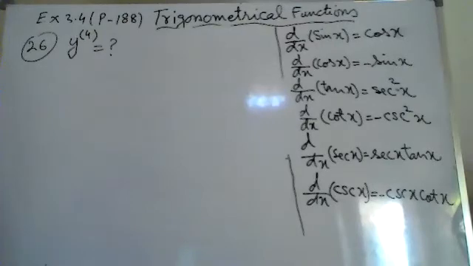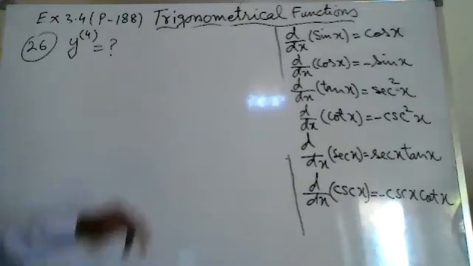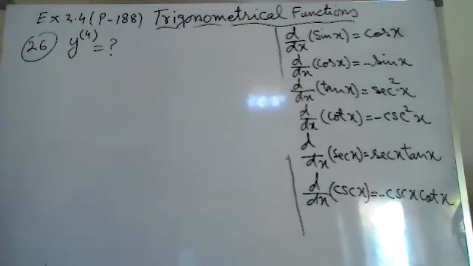If it is written y raised to power n in the bracket, and n is a positive whole number, then this will be the nth derivative. If y raised to power 4 is written in the bracket, it means this is the fourth derivative of y.